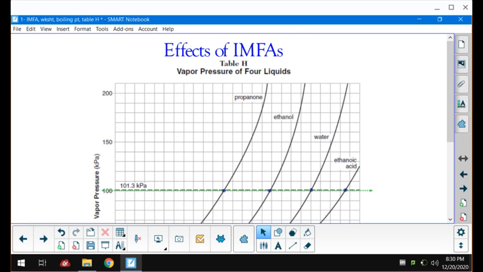Pure acetic acid is not vinegar. Vinegar is, I think, a 10 or 15% solution of ethanoic acid in water. But regardless, ethanoic acid has the strongest of the intermolecular forces of attraction, so therefore it has the lowest vapor pressures.